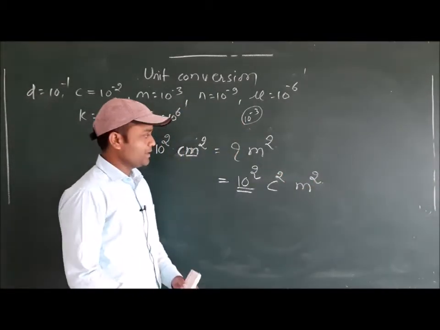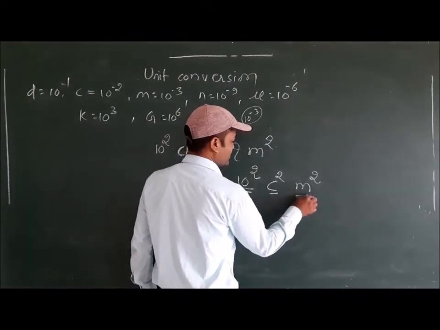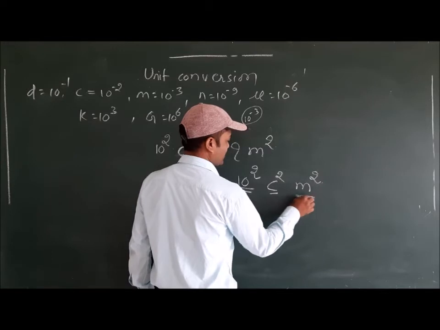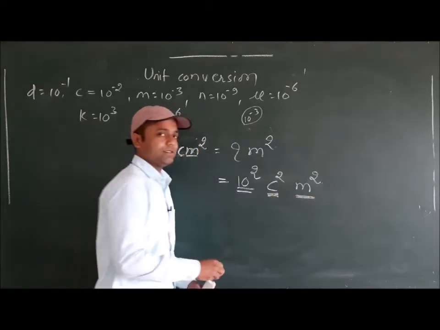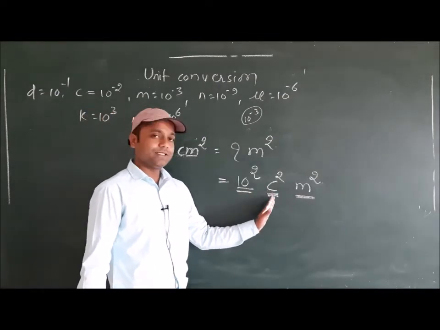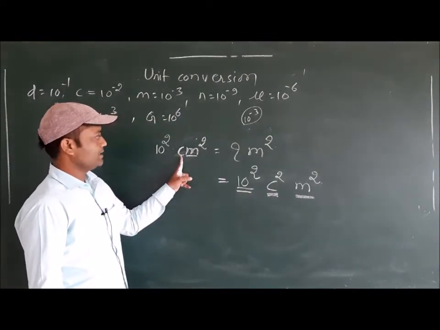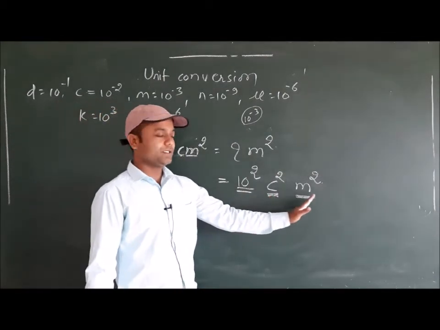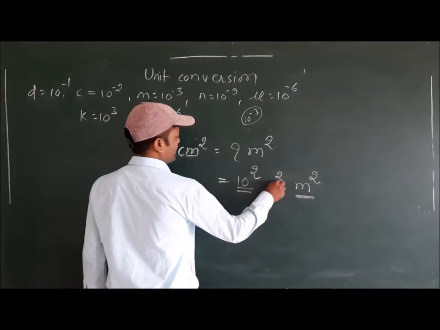In an actual example, you do not have to write these things, but for understanding units or to become perfect in unit conversion, in practice you can do like this. I separate centi square and meter square. Here I write it as centimeter square, but here I separate the prefix and basic unit. Then I know the value of centi.